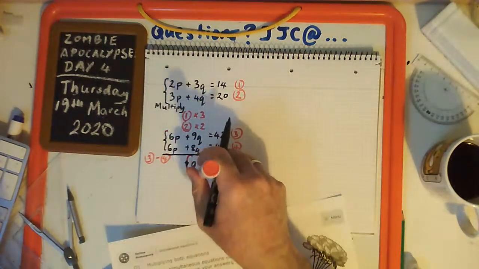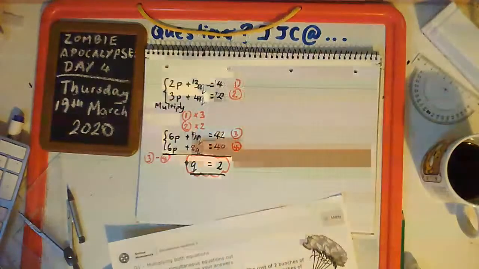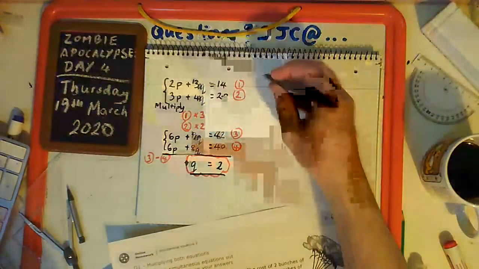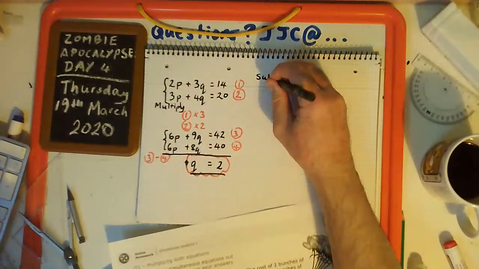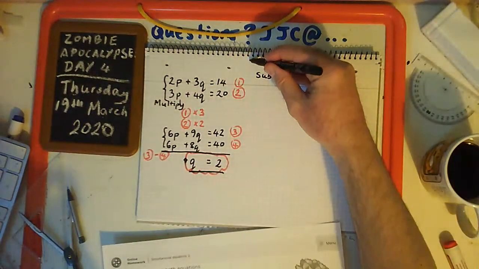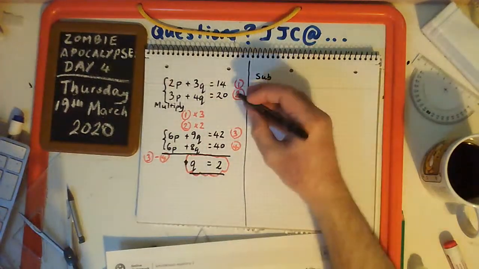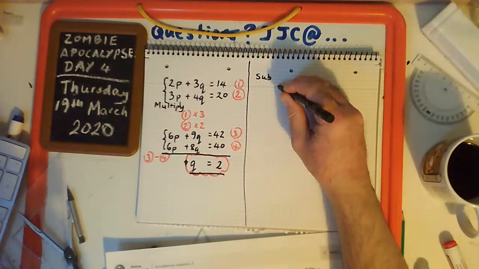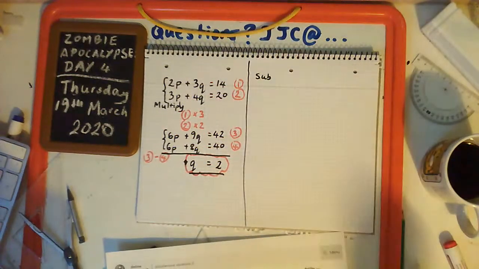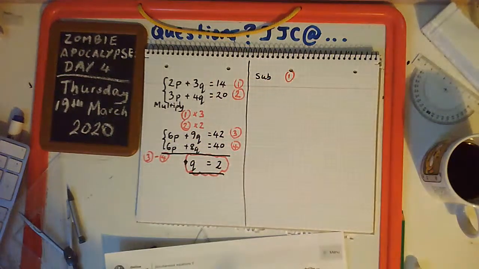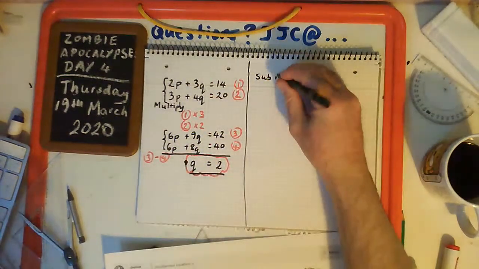I've now figured out that q equals 2, but I need to figure out what p is. So I'm just going to draw a very rough line down there. I'm going to take my first equation that I originally had, which was equation 1, and substitute that value of q in there.